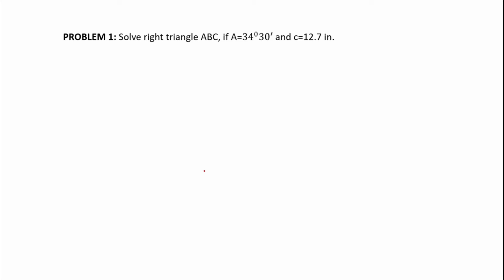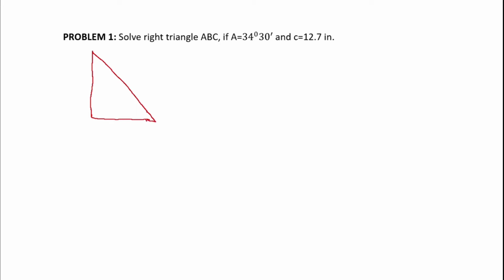Solve the right triangle ABC if A is equal to 34 degrees and 30 minutes and c is equal to 12.7 inches. To solve the right triangle, we first draw a right triangle here.